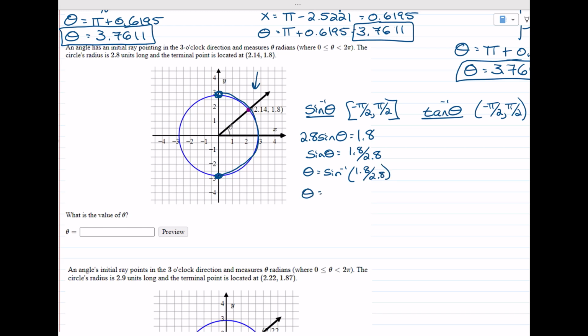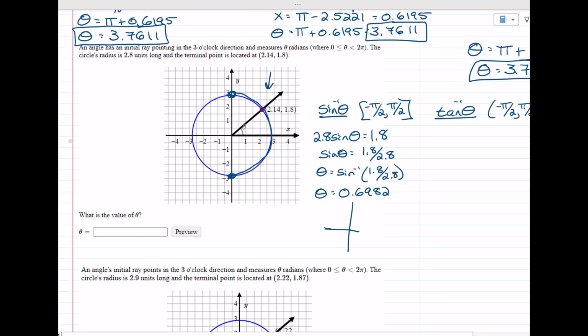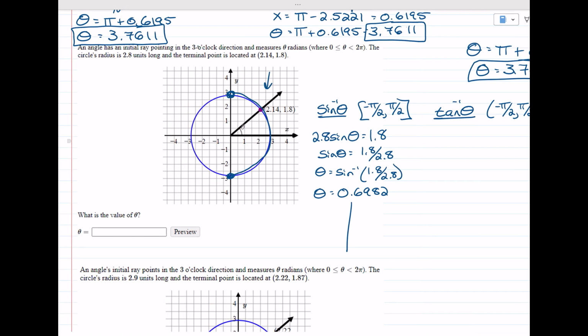Inverse sine of 1.8 divided by 2.8 comes out to be 0.6982. Now just keep in mind that inverse sine gives us a value between negative pi over 2 and pi over 2. The angle that it gave us is positive, so it has to be this angle right here, which is the one we're looking at. So I would say that the angle is 0.6982.